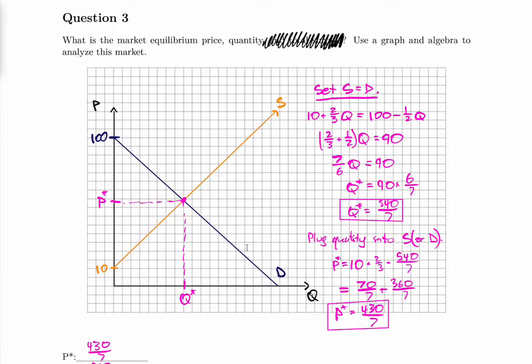So to do this, we just intersect supply and demand at this point. This is the one point where we get what we call market clearing, where quantity supplied is equal to quantity demanded. So we plug that price into both the supply curve and the demand curve, and that gives us the same quantity.